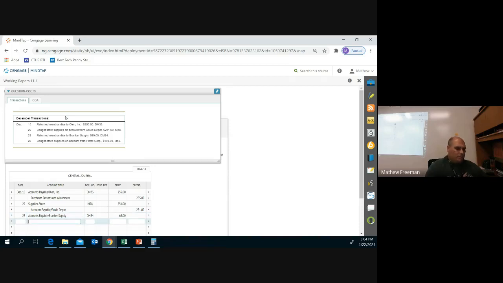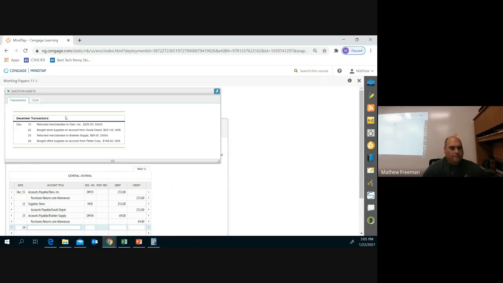Then we got to do our purchases, returns, and allowances. Make sure we credit that, because why? We're crediting to show that we got credit to offset our accounts payable.